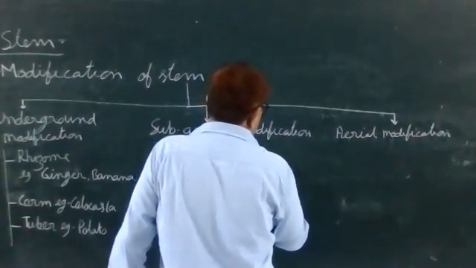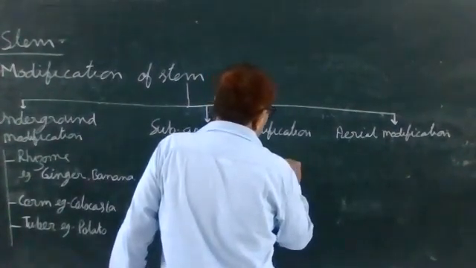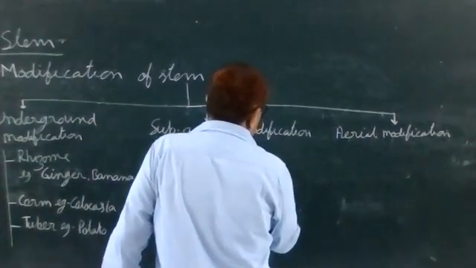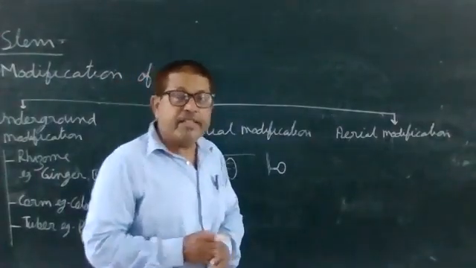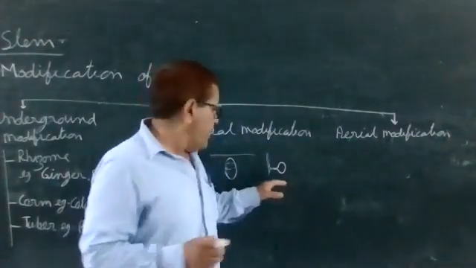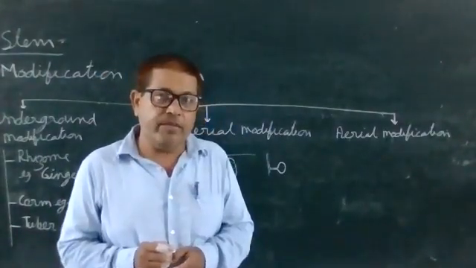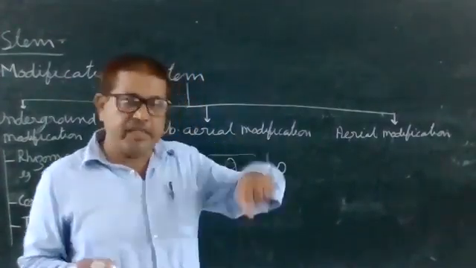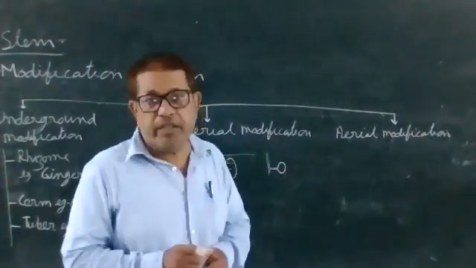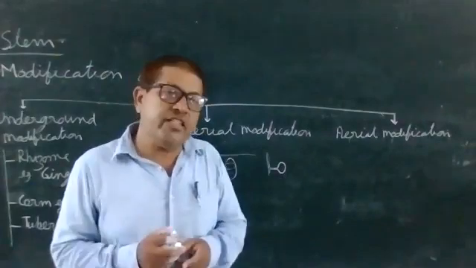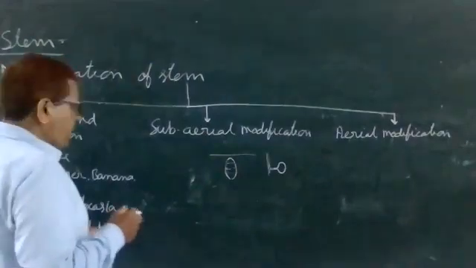Its tips swollen to store the material. This is tuber. In this case, this food material is stored at the tip of the stem inside the ground. This is called stolon, and at the tip of the stolon, the food material is stored and it becomes solid substance. So this is called as the tuber.